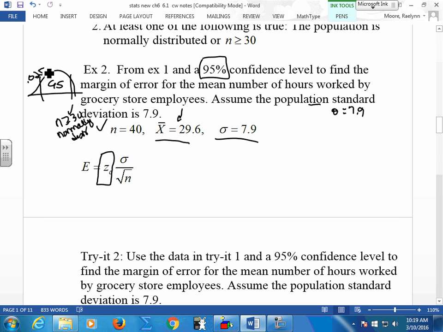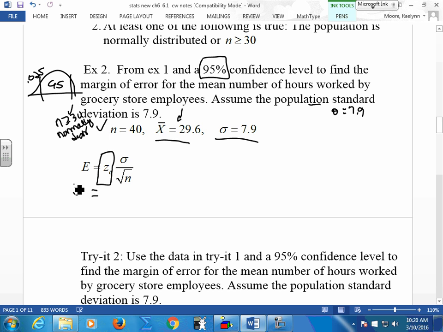I do an inverse norm and 0.025. Or you can go to your table right now. I'll give you the table as well. But if there's something on there that's not there, you're going to have to figure it out. So what's the one for 95%? 1.96. You're going to find the 90% and the 95%, the ones we use the most.